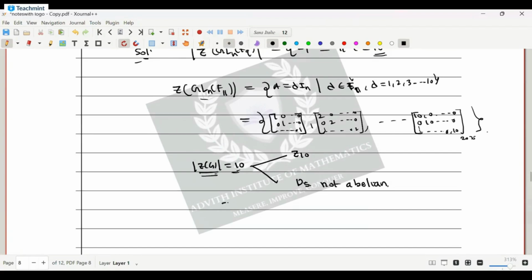Therefore, the number of subgroups of Z of G is tau of 10. 10 is 2 into 5, so which is equal to 4.